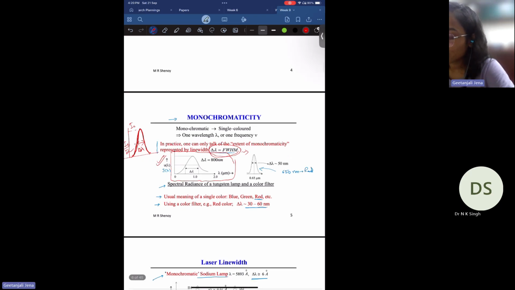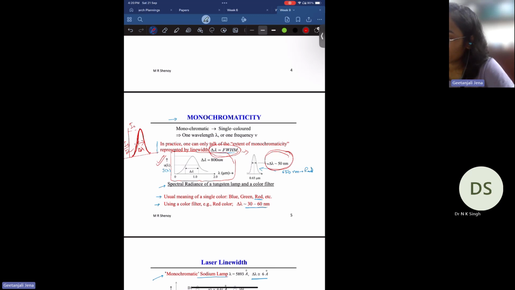Other than the tungsten lamp, consider a color filter, which you must have seen in your day-to-day life. For the color filter, the delta lambda is around 50 nanometer. So you can see how monochromatic the color filter is in comparison to the tungsten lamp.